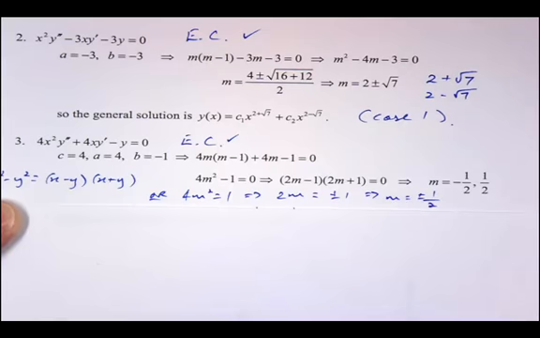So either way, you could either recognise it as the difference of two squares or solve it in that way. You end up with two values. Are they the same or are they different values? Plus or minus a half. Is plus half the same or different to minus a half? Different. So which case is this? Case 1.